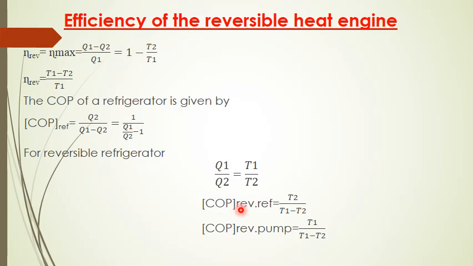Then COP of a reversible refrigerator becomes T2 by (T1 minus T2). And similarly, COP of a reversible heat pump is T1 by (T1 minus T2). So this is how Carnot's corollary theorem can be used to analyze the performance of a reversible refrigerator, reversible heat pump, and reversible heat engine.